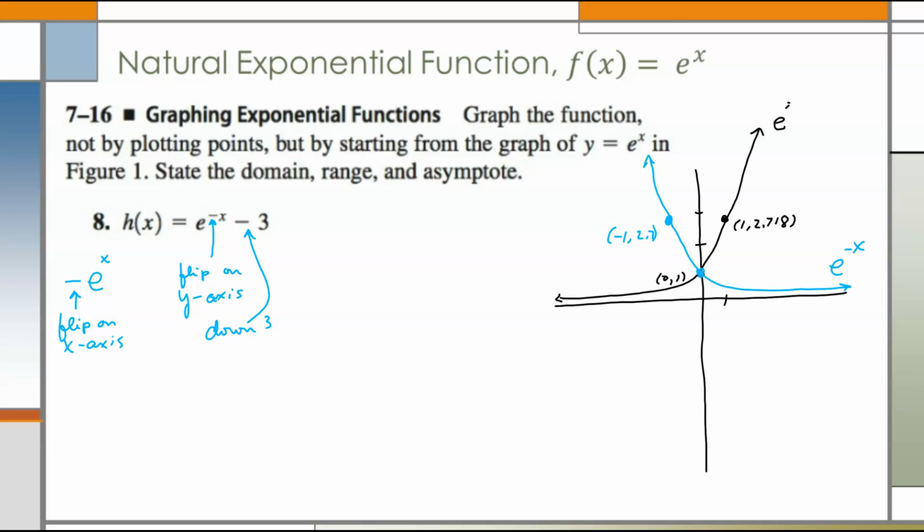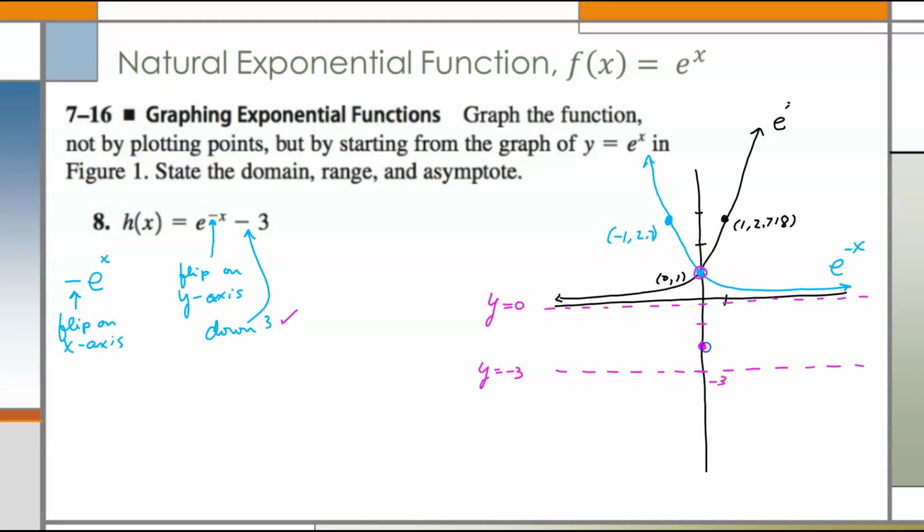Next we're going to move our graph down 3 units. I'm going to start with the horizontal asymptote. Instead of at y equals 0, we're going to be at y equals -3. There's our new horizontal asymptote. Everything gets moved down 3 units. We're going to go 1, 2, 3.